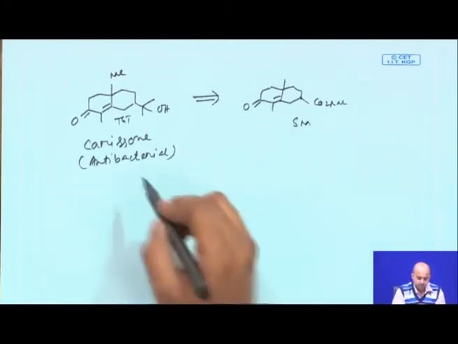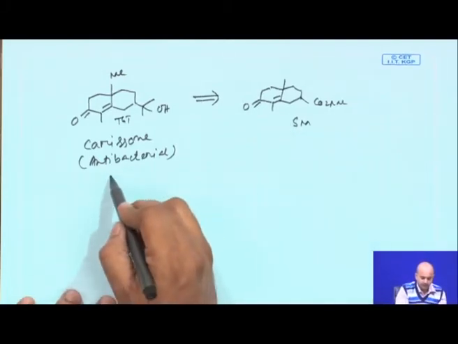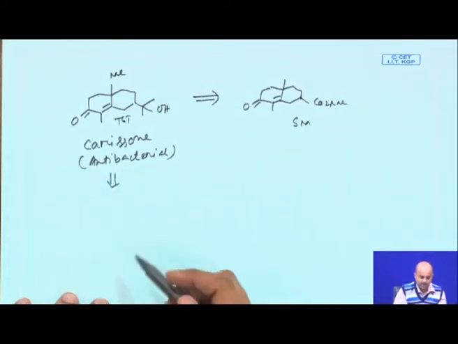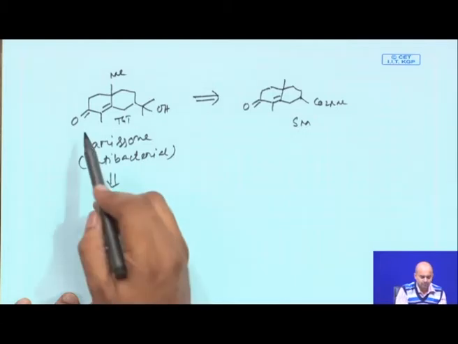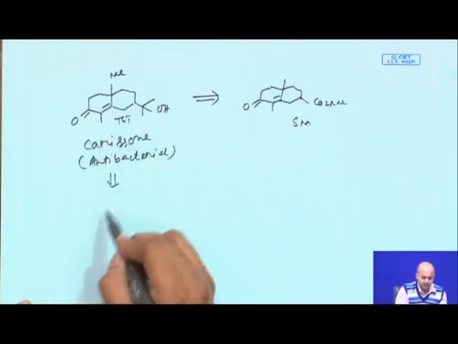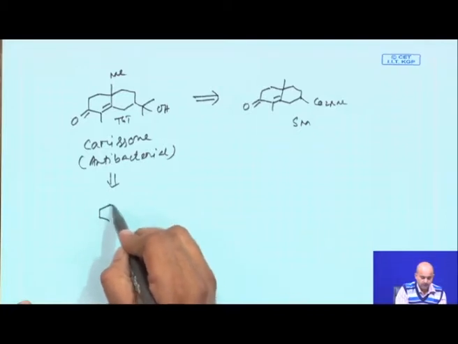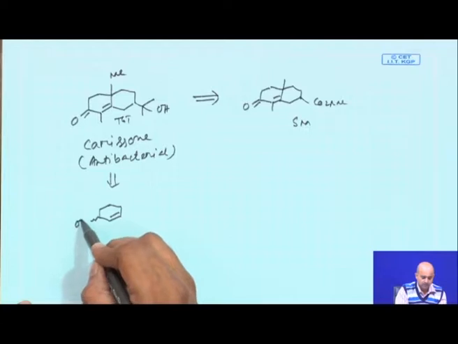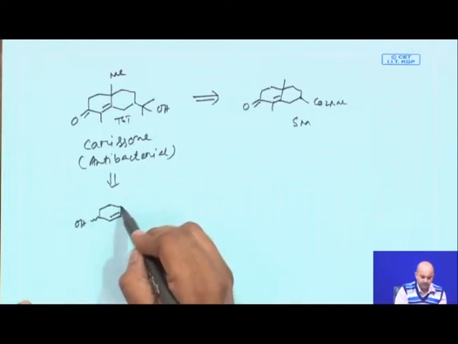Now, if you do the retro of this particular target, it means that probably you can protect this or do something else, or do it the other way. I will not be doing the protection, I will be doing it this way.